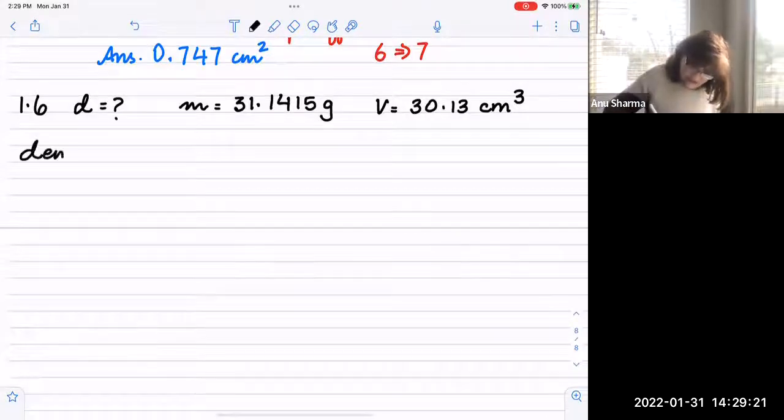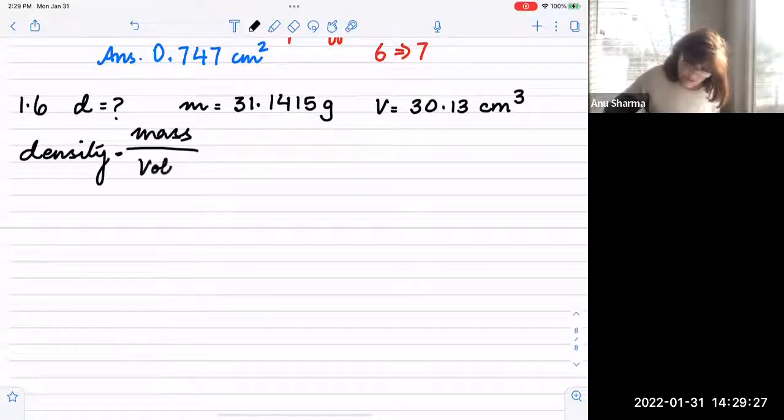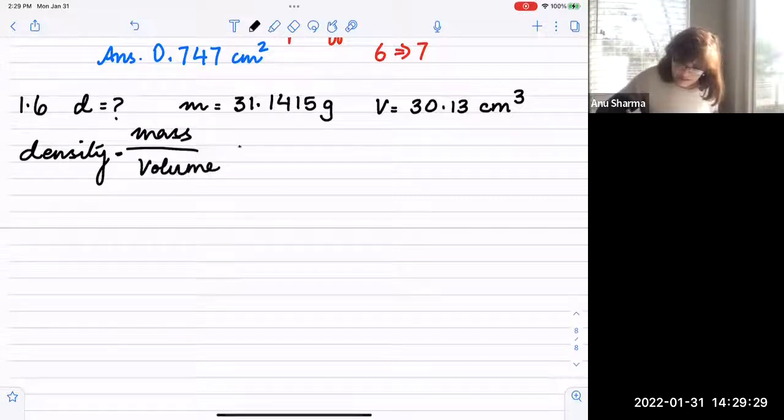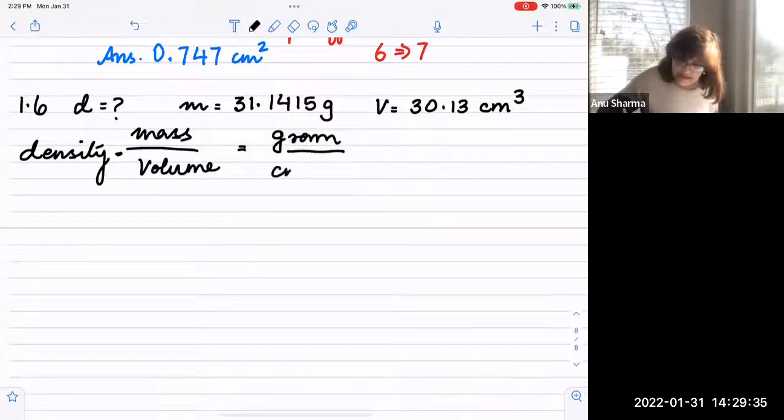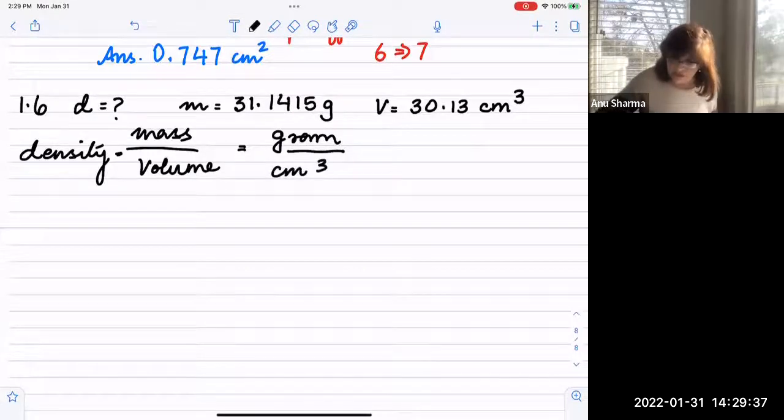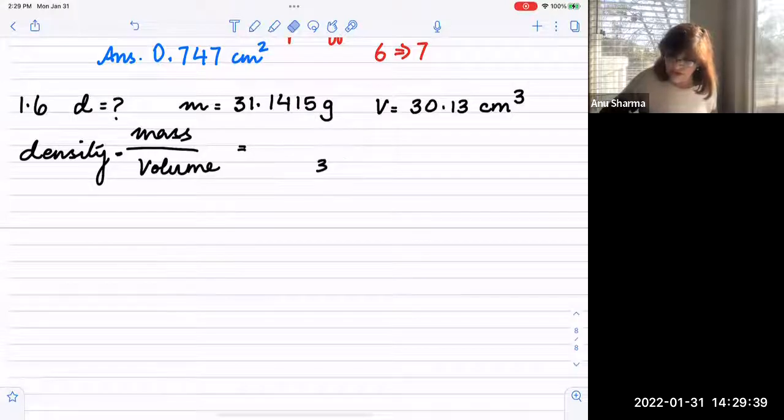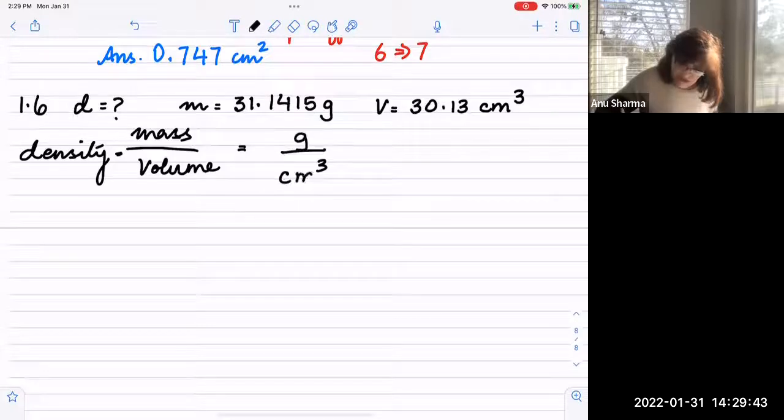Density is equal to mass over volume. The mass is in grams over the volume in centimeter cube. So grams over centimeter cube.